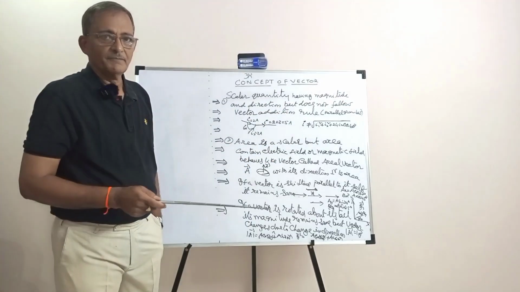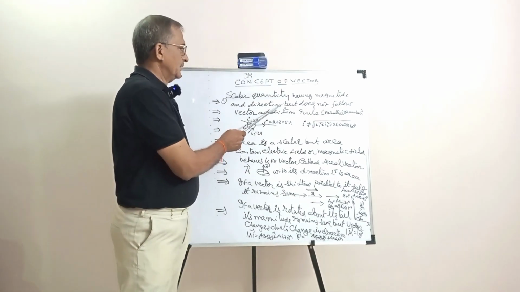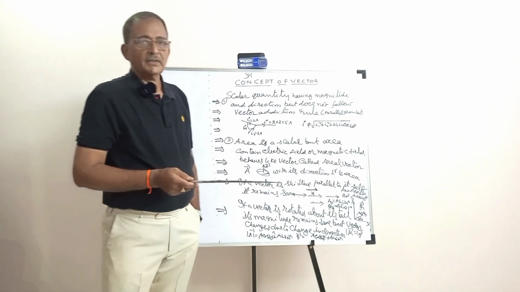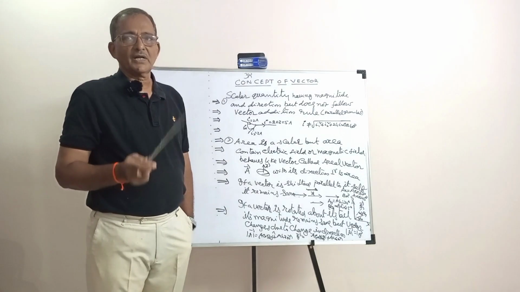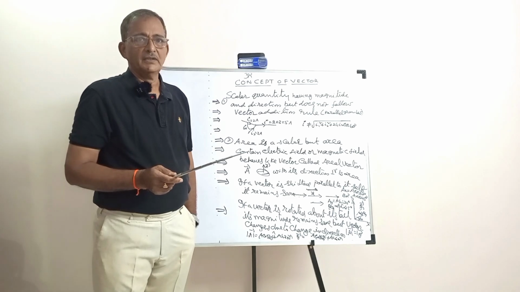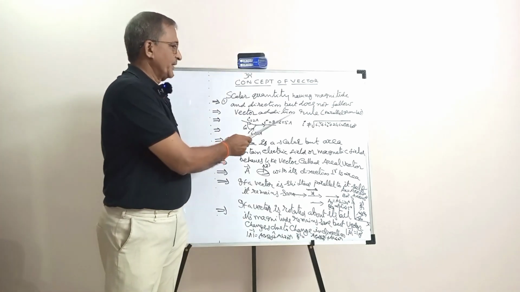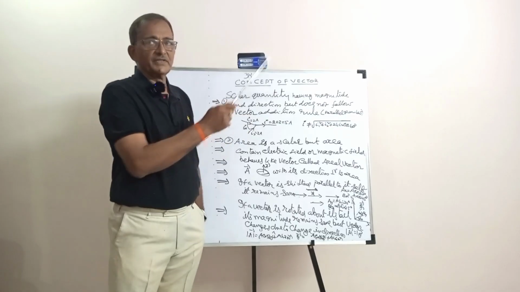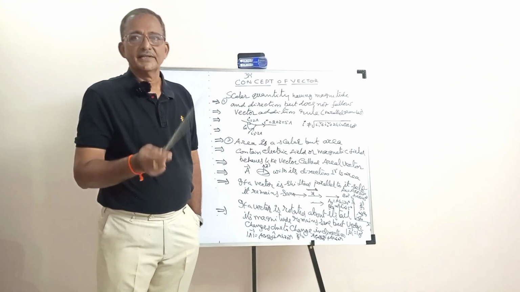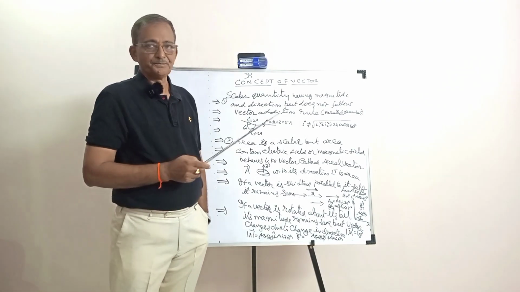Because of that, it is a scalar quantity. So whenever a doubt arises, you can check whether it is a vector or scalar. If a quantity possesses both magnitude and direction, and if it satisfies the parallelogram law equation, then we can confirm it as a vector. Otherwise, it is a scalar.